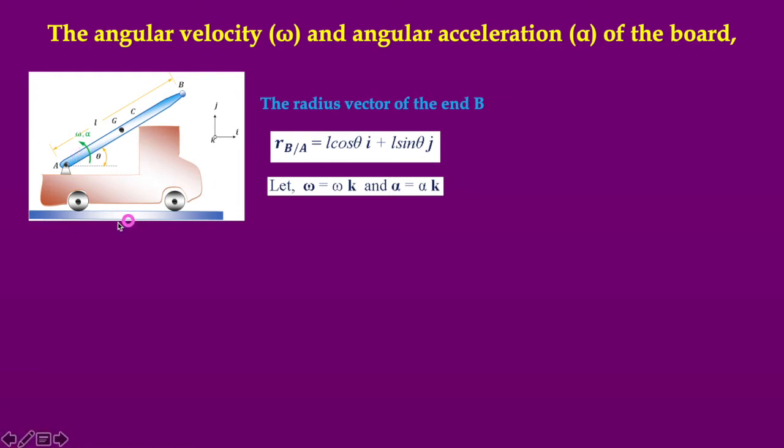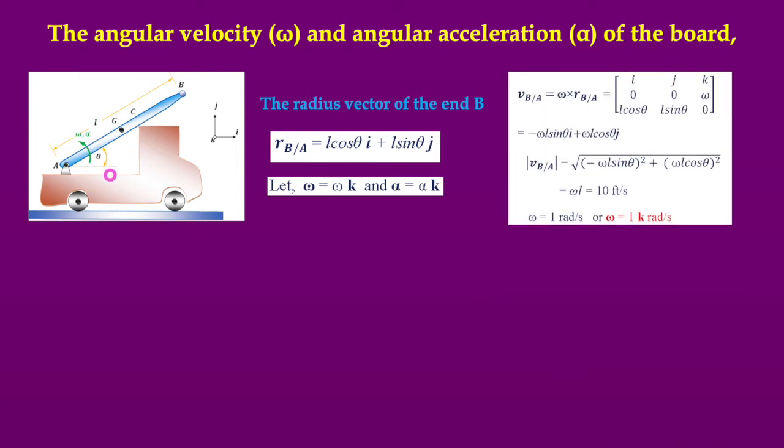And then what's omega? Let's consider omega equals omega k. Why omega k? We know that the direction of omega is perpendicular to the plane of rotation. So what is the plane of rotation here? This vertical plane. And then the perpendicular direction is perpendicular to the plane of the paper, means k, and that's why it is written omega equals omega times k.